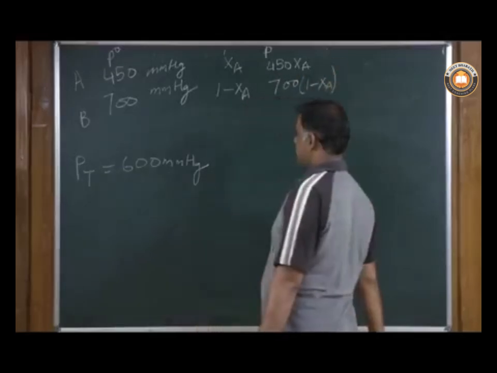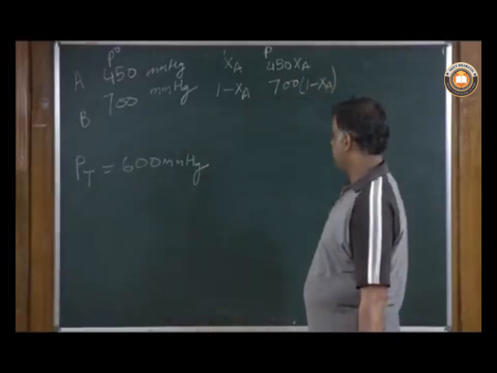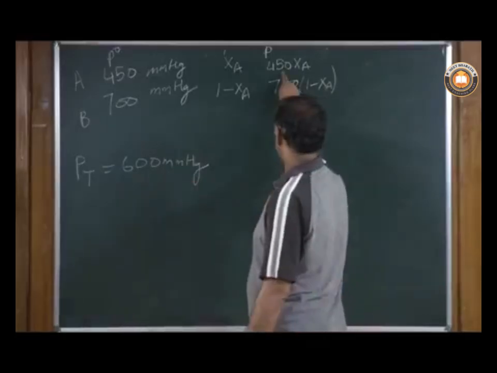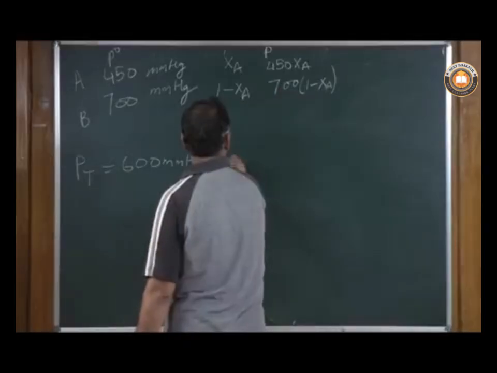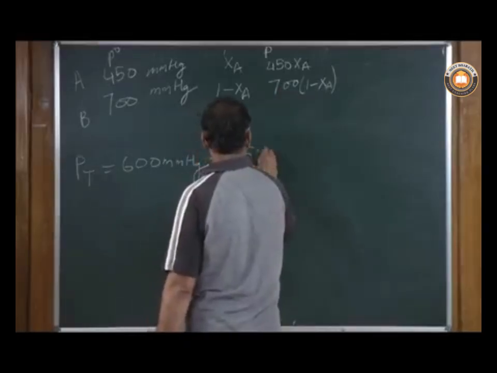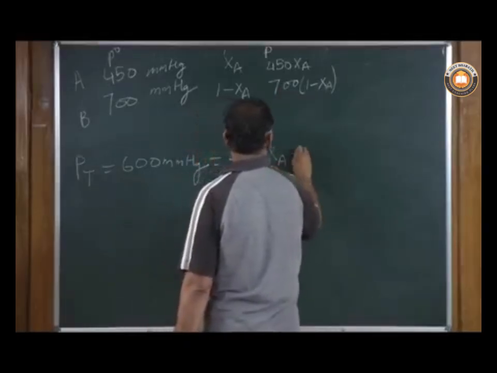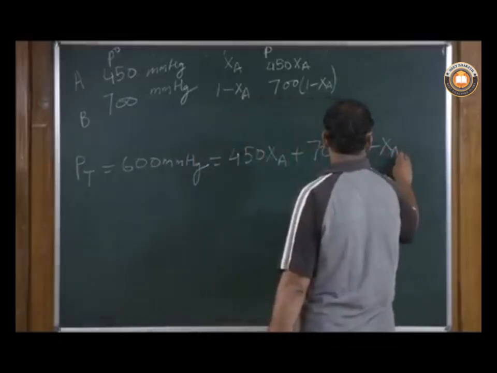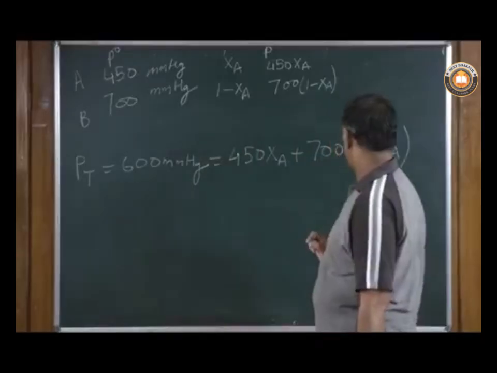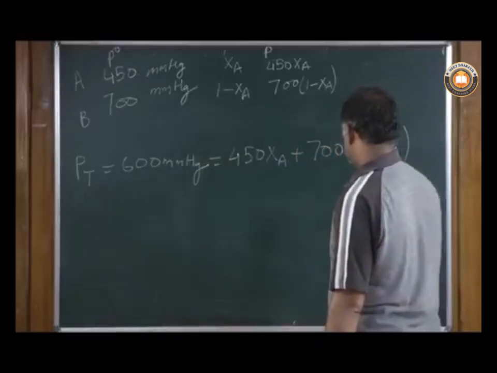And the question tells me the total pressure. So, that is this plus this equal to this. So, I have one equation, 450 X_A plus 700(1 minus X_A), one equation, one unknown, solve it and we have the answer. So, let us try to solve it.